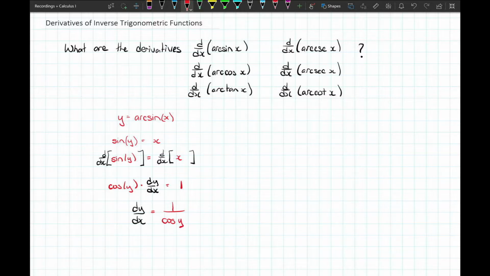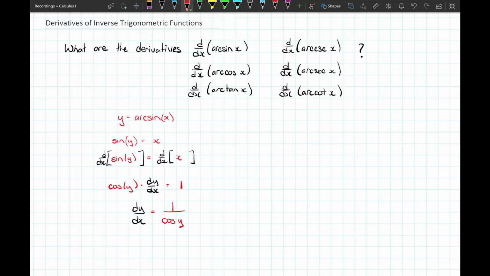Now, we could probably just stop right here, except for the fact that we started off with y being explicitly written as a function of x. y was equal to the arcsine function of x. And now our derivative, dy/dx, is actually a function of y. It feels backwards here. If we know a value of x, we should be able to find y.